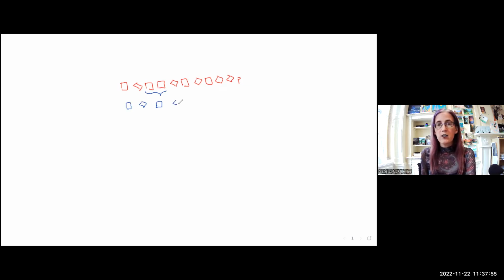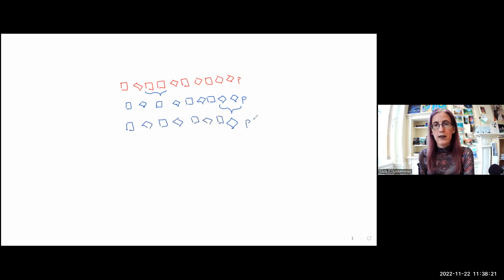Remember, because the reduction principles are equivalences, we can do substitution of equivalences anywhere in the formula. So I don't have to start at the right-hand side or the left-hand side. I can simply do it anywhere that I want. So here I've got a pair of diamonds. I'm going to reduce that down into one diamond. And so then I've got box diamond, box diamond, box diamond, box diamond, P.